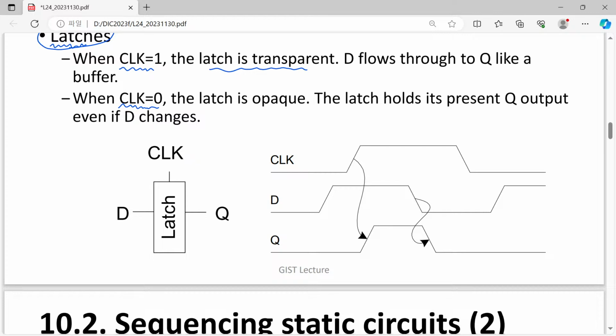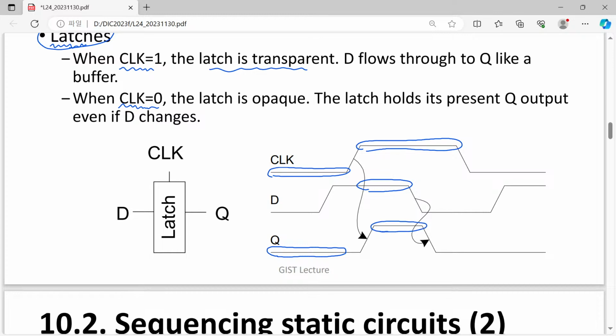So let's have a look at this diagram. When clock equals 0 in this phase, whether we have any value here doesn't make any difference. Q just takes its original value. After that, clock becomes 1. Now the value of D is sampled and copied here, of course with a certain delay.